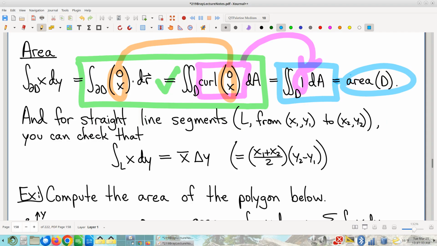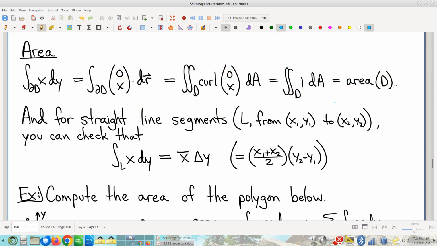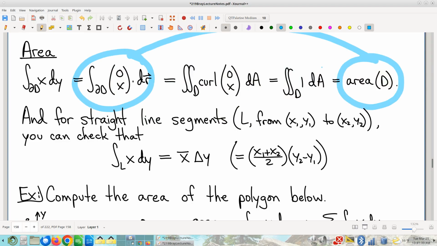So a weird result, and let's just clean up the mess here, a circulation around a region will allow you to compute the area inside of that region. It's one of these unexpected things. If you're interested in computing an area, which is an intrinsically two-dimensional calculation, here we have a one-dimensional calculation that will do it for you. And sometimes that ends up being extremely convenient.